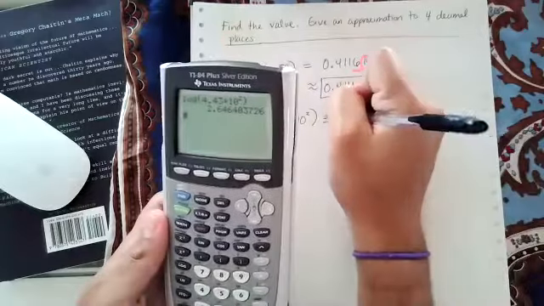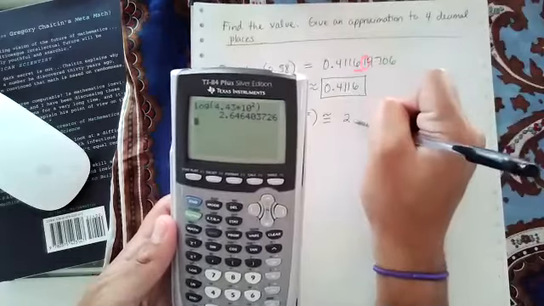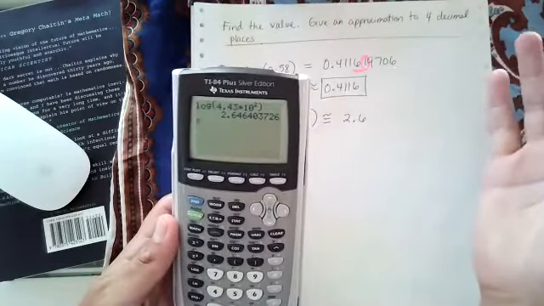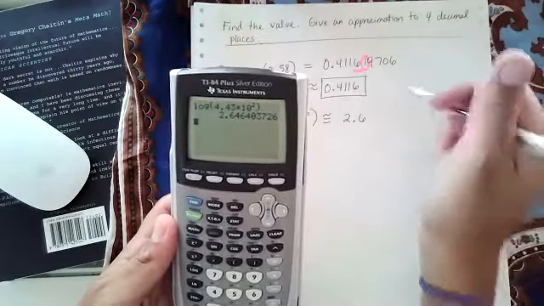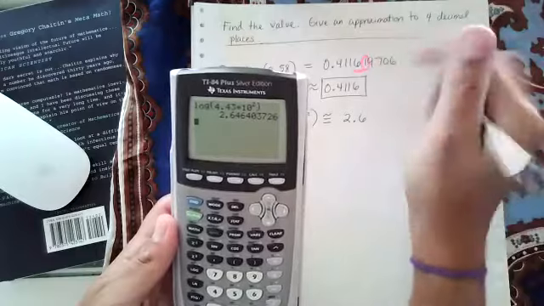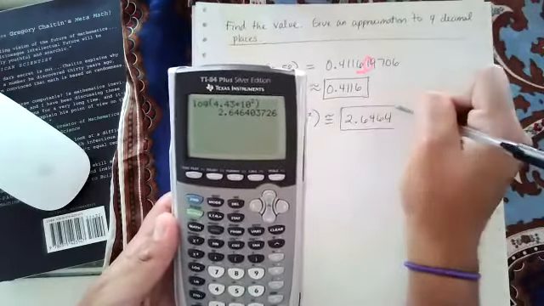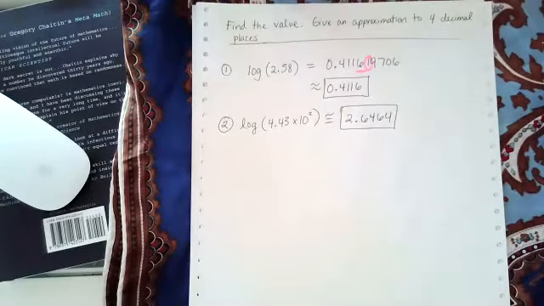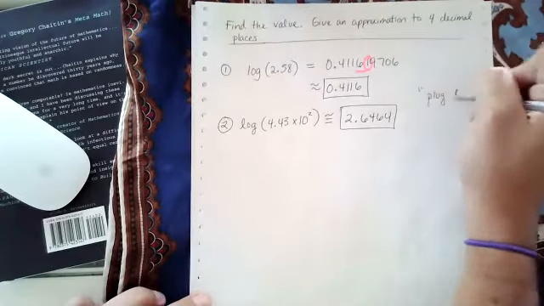So we get approximately, and if you wanted to round this off immediately, you could, 2.6464, and then the 5th decimal place is a 0, the last one that we're concerned about. So we'll leave it alone, 2.6464. Any question about those? Seems pretty straightforward. Plug and chug, right? Plug and chug.